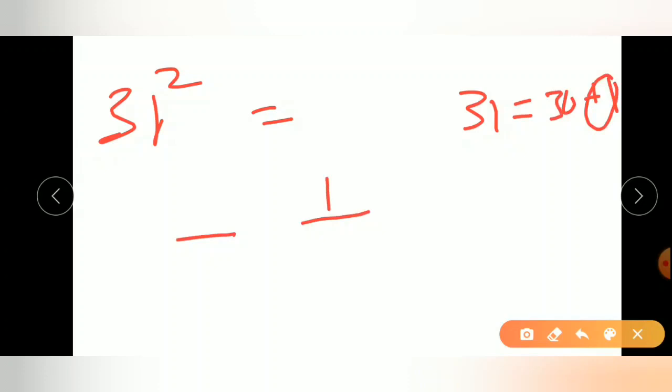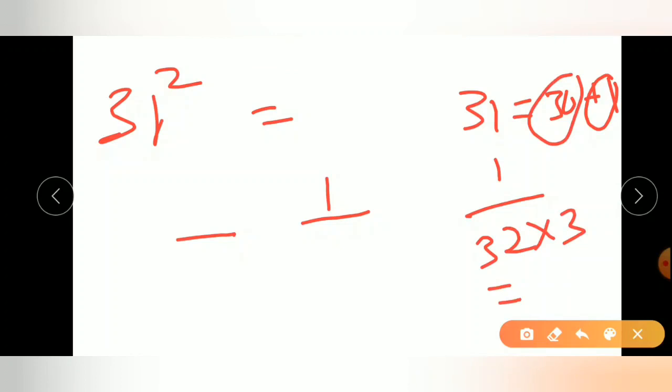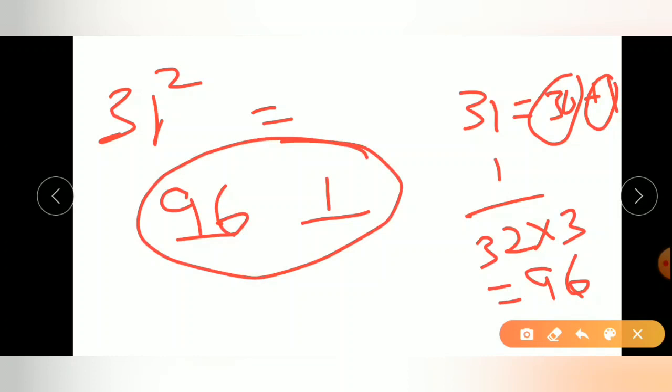Next place, it is more than 1. So 1 is more. So you have to add this one to the given number, which becomes 32. But here base is 30. So you multiply by 3, which becomes 96. We have put 96 here. Our answer is 961.